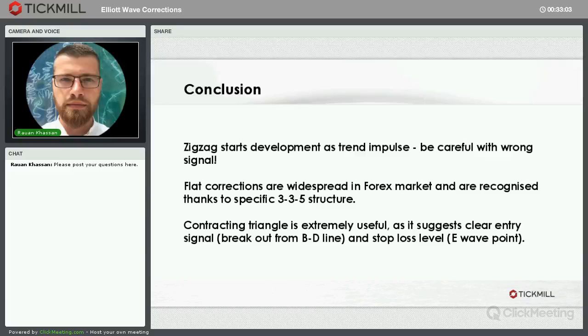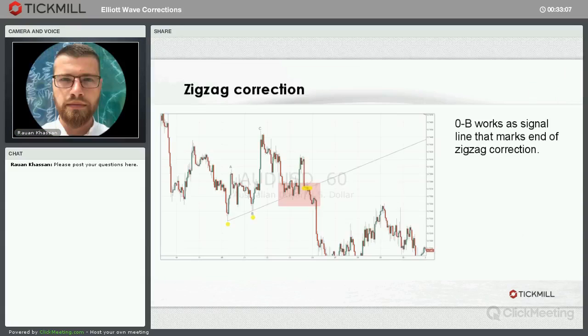I would like to get back to the example that we were having during today's session on zigzag correction. If you are familiar only with impulse models, you would be able to enter the trade only after the signal line is breached.